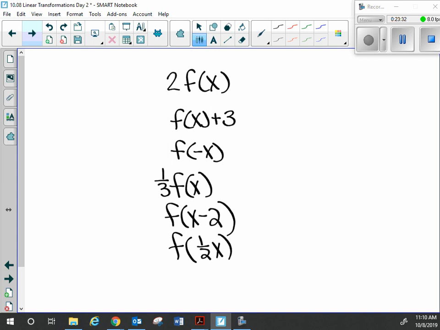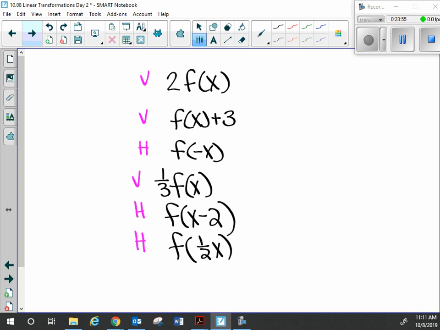Very good. Inside parentheses is horizontal. Outside is vertical. So, first one, vertical. The 2 is outside. Vertical. Horizontal. Horizontal. Vertical. Horizontal. Horizontal.